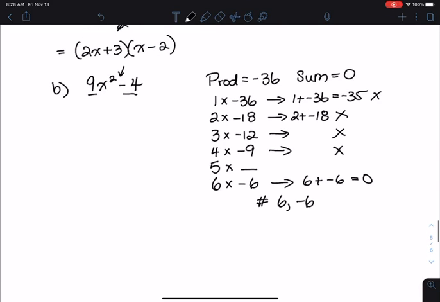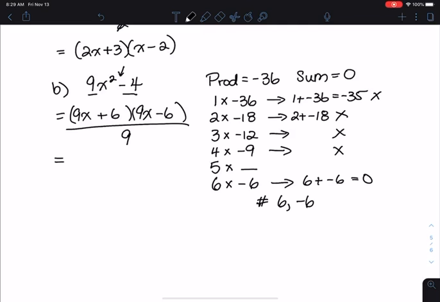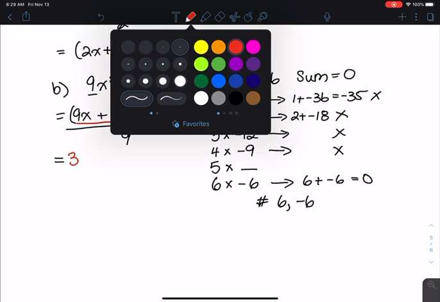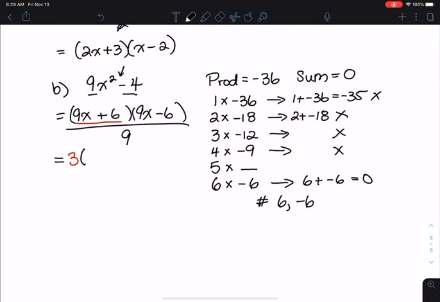So again, I'm going to write two brackets. I'm going to put 9x at the front of both, and I'm going to divide by 9. And then at the backs, I put the numbers that I just found, so positive 6 and negative 6. Now I'm going to common factor each expression. So 9x and 6, the common factor is 3. 3 is the highest number that goes into both of those.